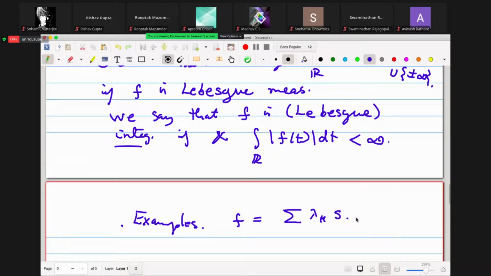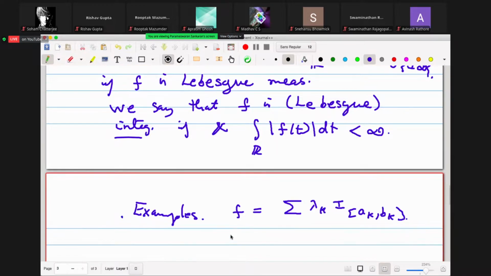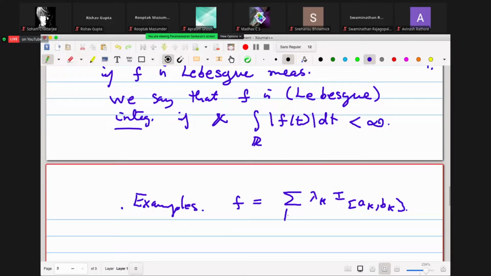So step functions, and they are just indicator functions. So I write here the indicator of the interval, with endpoints a_k, b_k. So this is an indicator function, and only finitely many, k goes from 1 up to n.